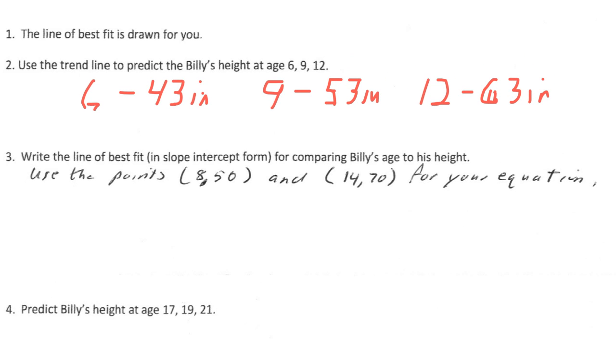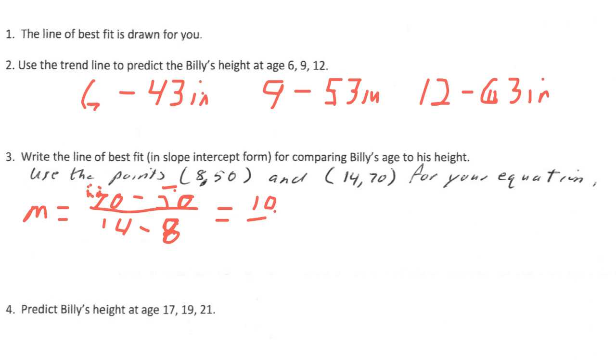So slope is going to be 70 minus 50 over 14 minus 8. And that's going to give us a 20 over 6, which is 10 thirds. Our slope's 10 thirds.